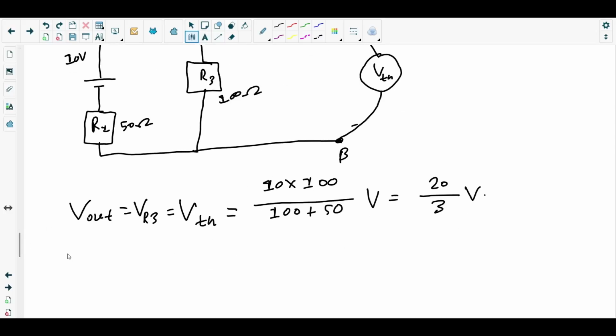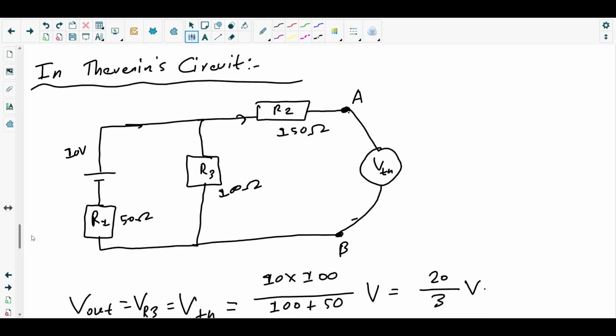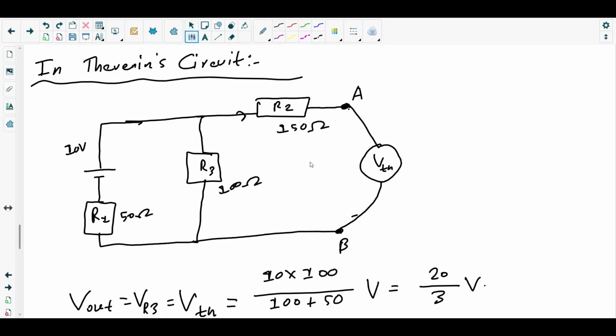Now the internal resistance, the Thevenin's equivalent resistance, RTH. So RTH is basically the total resistance of the circuit after the load resistor has been taken out. So how much would be the total resistance for this circuit? Because here load resistor is absent, isn't it?